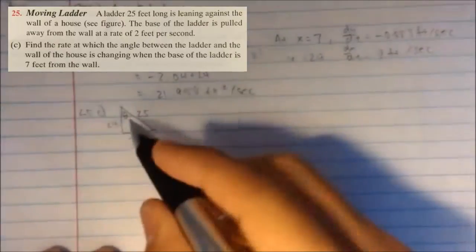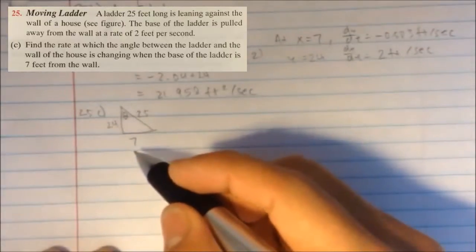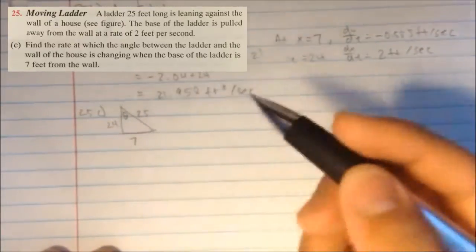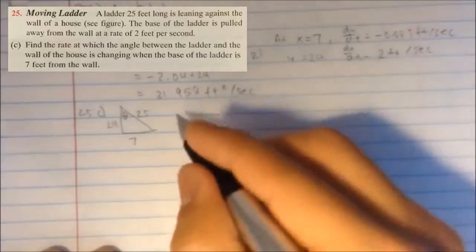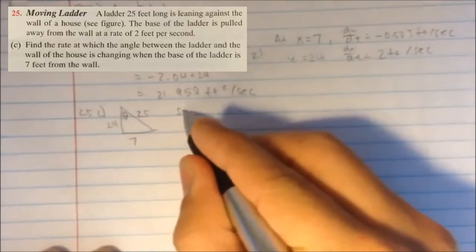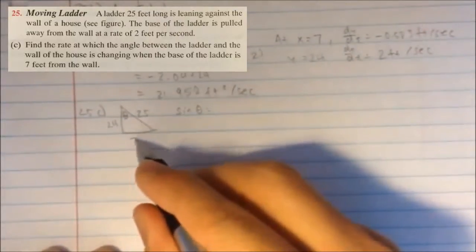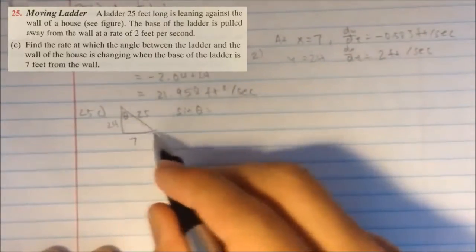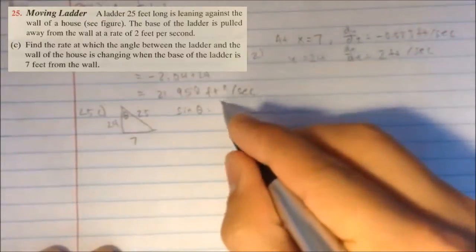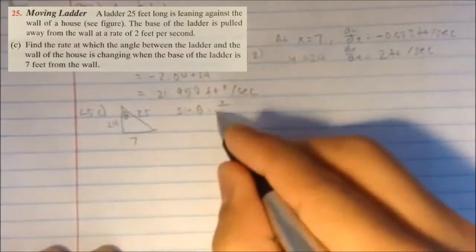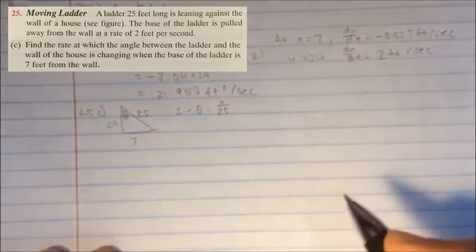We could use cosine or sine, but in this situation, I'll just use sine. Sine theta equals, and though it says 7, the base length is always changing, so I have to put x right there over the hypotenuse, which is a constant, so it'll be 25.